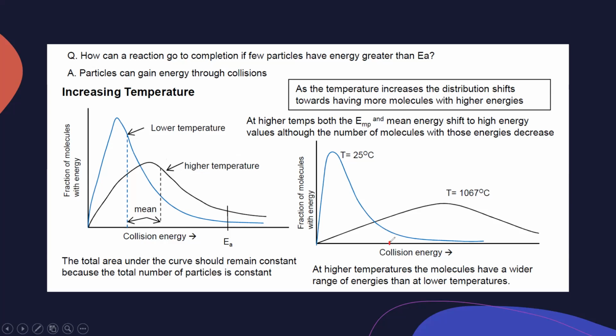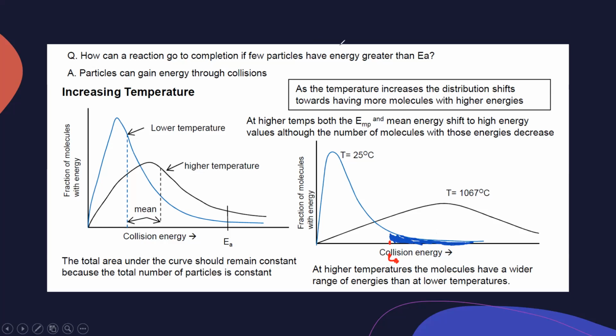So if I say there's a reaction, this is the activation energy. For the blue graph at 25 degrees centigrade, only this is the region where the particles are colliding with enough energy, so it is a small area, and only these particles will react and form a product.